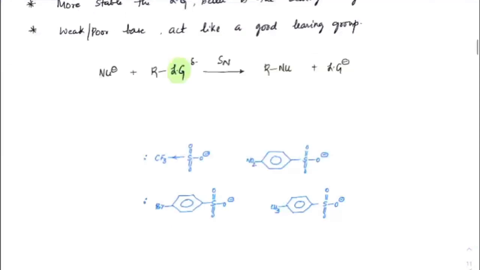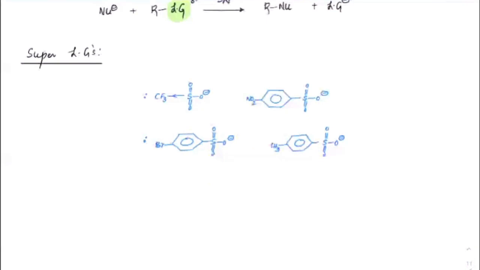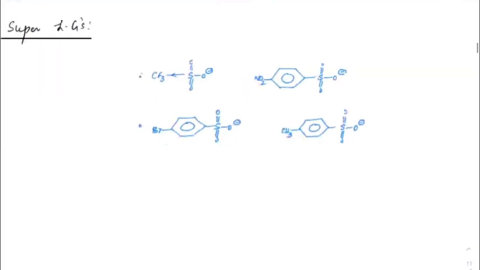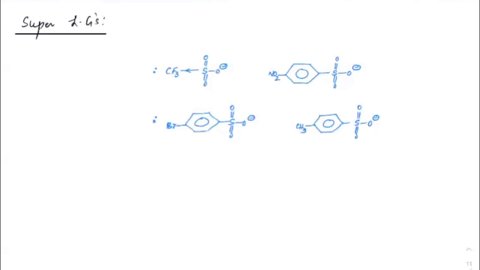Now in this we have many categories of leaving group. There are some very good leaving groups, what we call super leaving groups. Then we have better leaving groups, and also we have very poor leaving groups. So first we will focus on super leaving groups. Super leaving groups, as in, even with the weakest of nucleophile, they can be easily removed. For instance, if you check out these four, they are very, very good leaving groups.